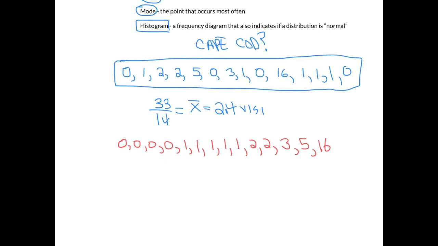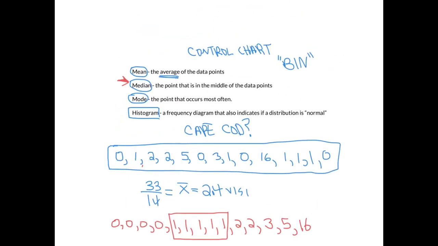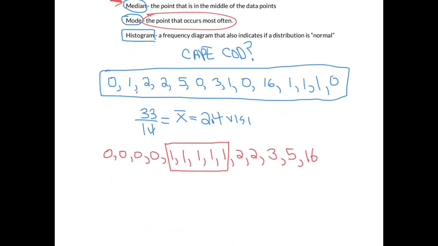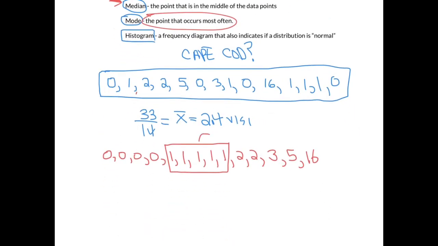When we write them out like this, this also helps in finding the mode. Just looking back, the mode is the point that occurs most often. So it's pretty clear that since we have 5 1s, that 1 in this case is the mode.